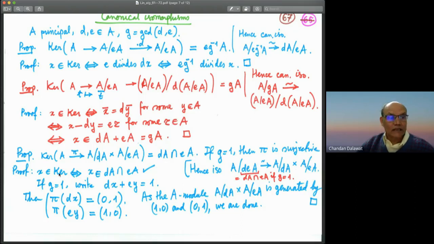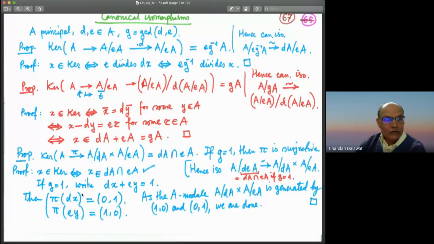So this is again easy to prove. If X is in the kernel, if and only if, well, there's nothing to prove here actually. But the important consequence is that if the GCD of D and E is equal to 1, then pi is surjective. Why is it surjective? If G is equal to 1, we can write DX plus EY equal to 1.